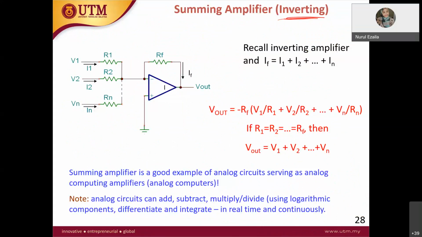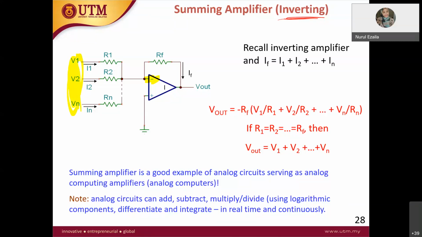Because the inputs, as you can see, are connected to the negative op-amp input. It is summing because there is a summation of input voltages. Here it has V1, V2, and Vn.